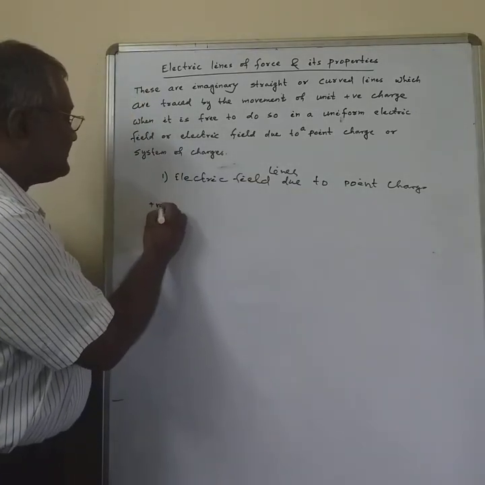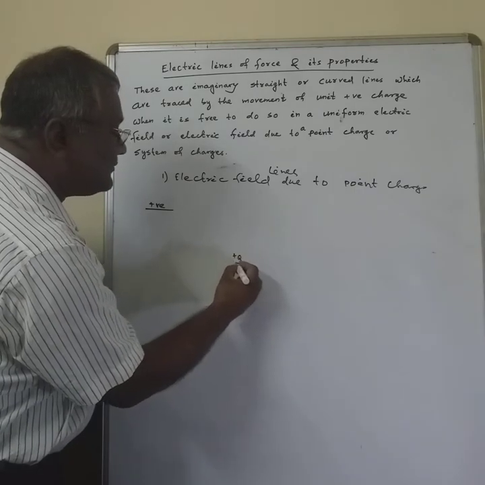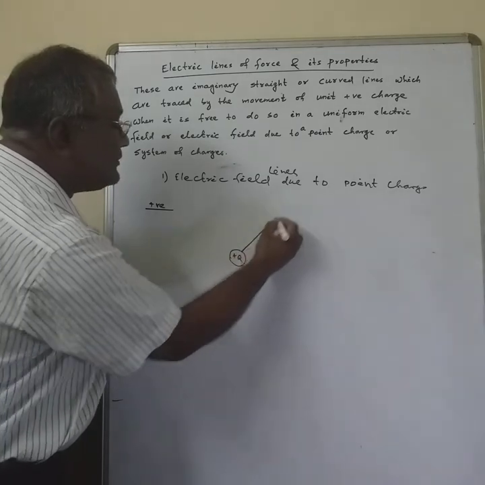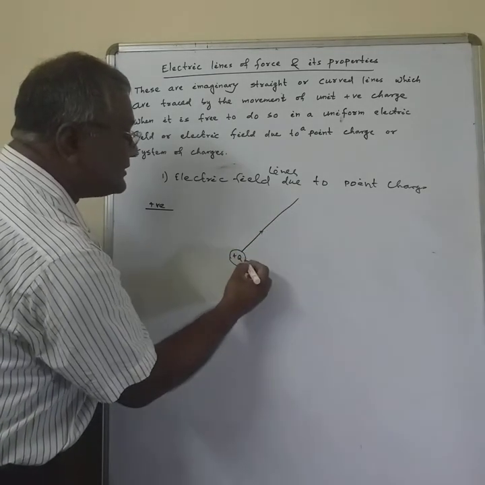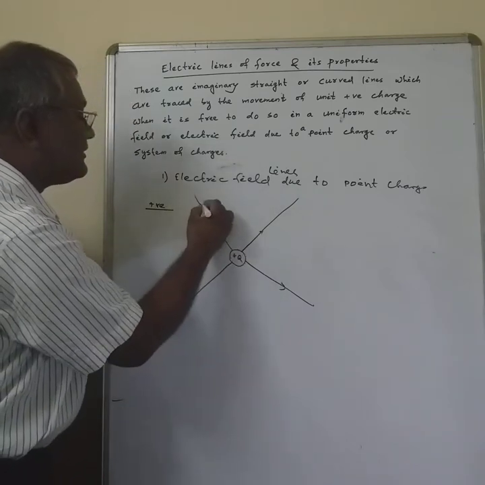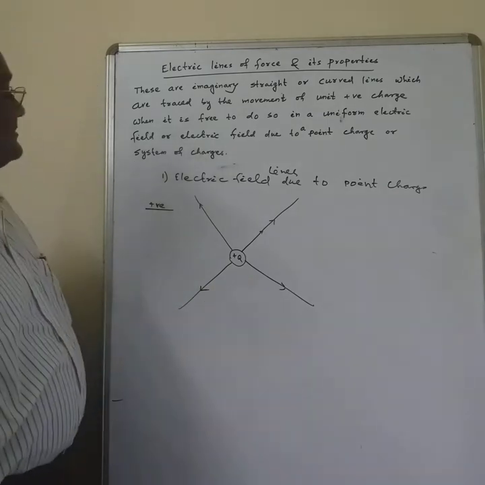Positive charge, this is plus Q. The unit positive charge will move in this way when it is free to do so. These are the electric field lines, and these are imaginary straight lines.